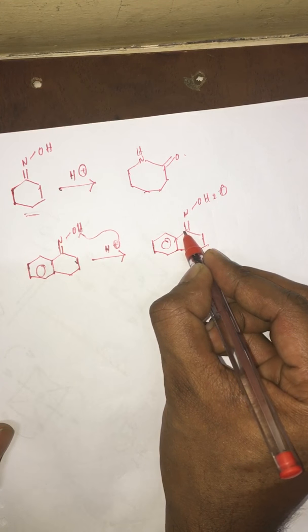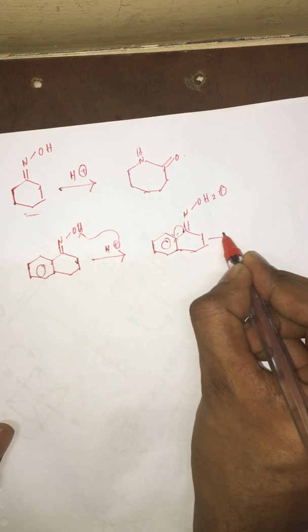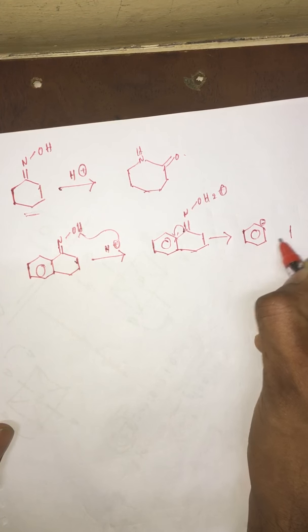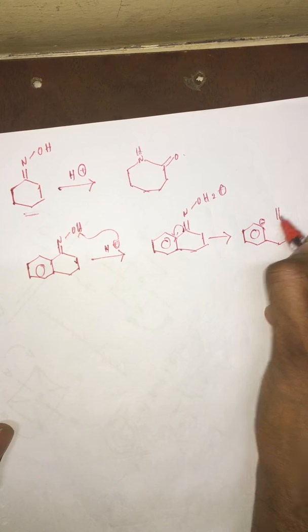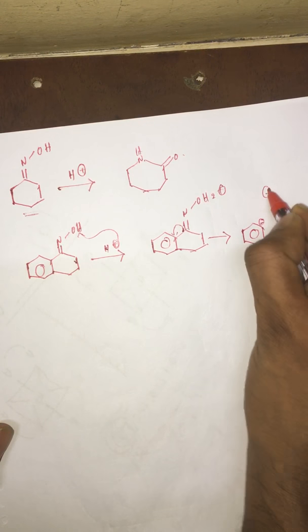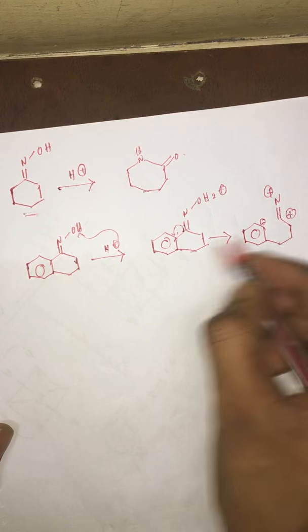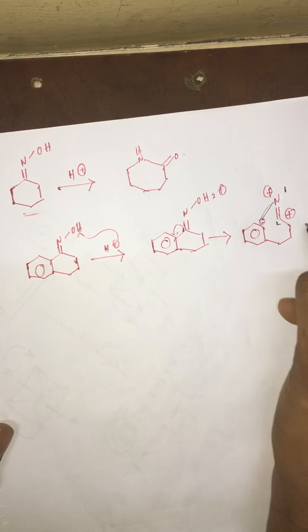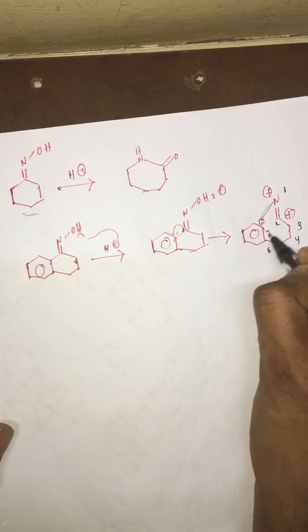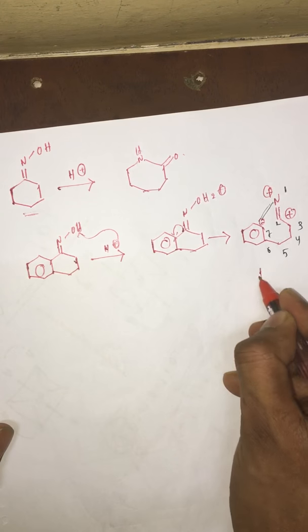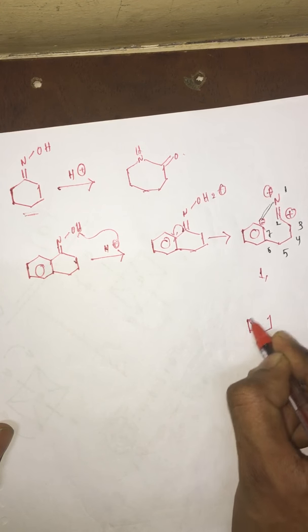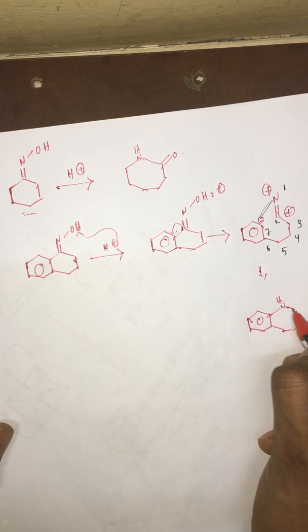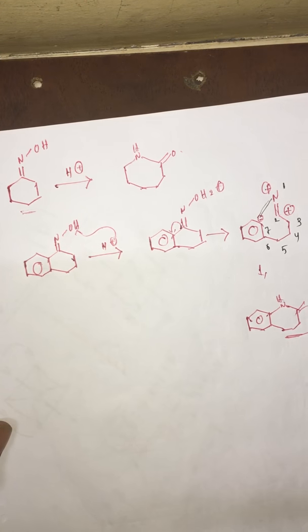And now this bond polarization goes like this, and there is a negative charge here, and there is a positive charge here, and one more positive charge is here. And now these two will form a bond. We can give numbering here: 1 2 3 4 5 6. A 7-member ring is forming here. So this finally looks like this. Here I am writing the product directly, NH double bond. Okay, so this is the product we'll get.